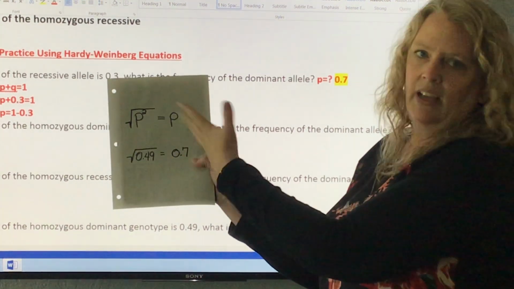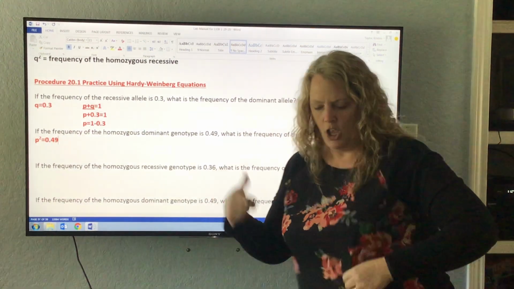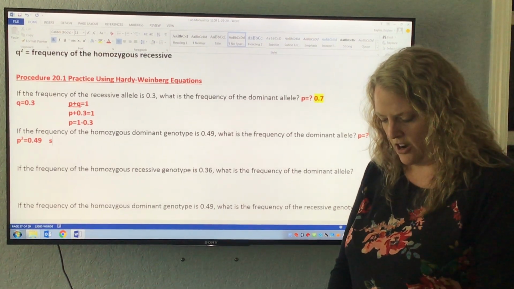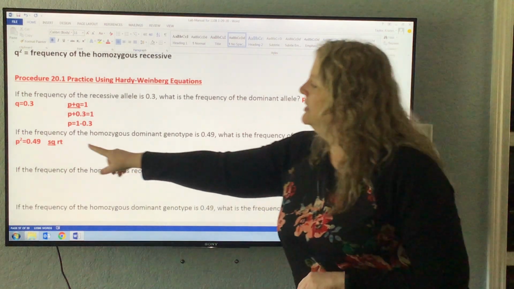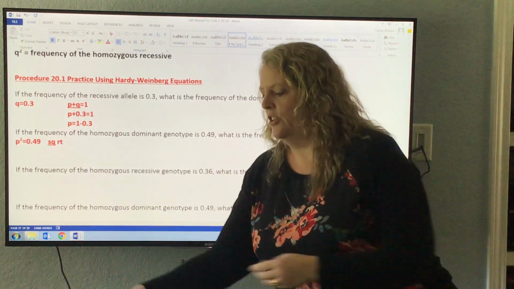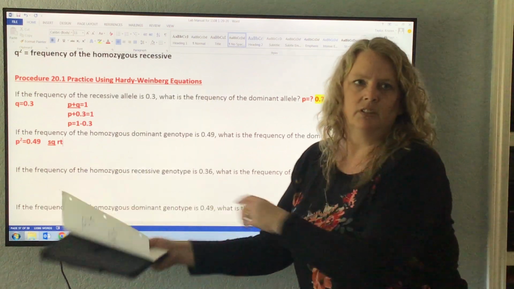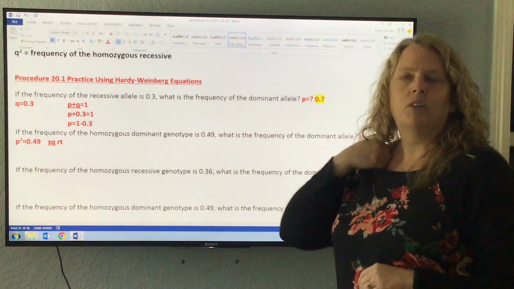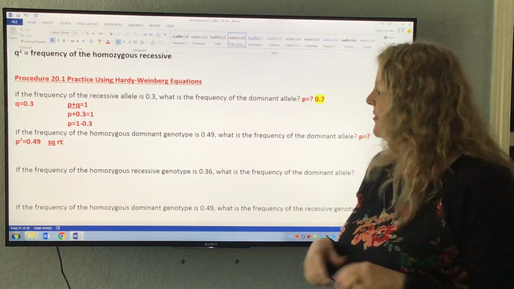I can't do the square root symbol on here, so instead I'm going to write SQRT, square root. Anytime I do the square root, it's just the button on your calculator, it says square root on there.